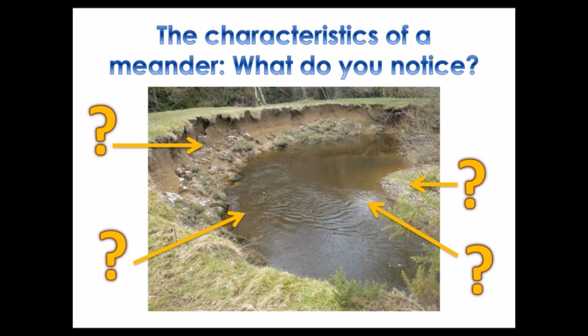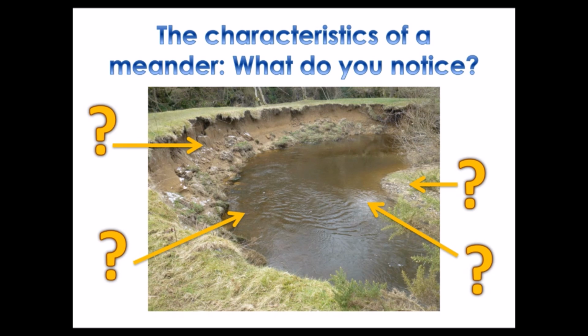What that's suggesting is that there is erosion, and we know that this is an area of fast-flowing water. There are lots of reasons why this is a faster flowing part of the meander, but the 2 most simple explanations are, first of all, that the water has got further to go to get round this bend, so it is going faster as a result.